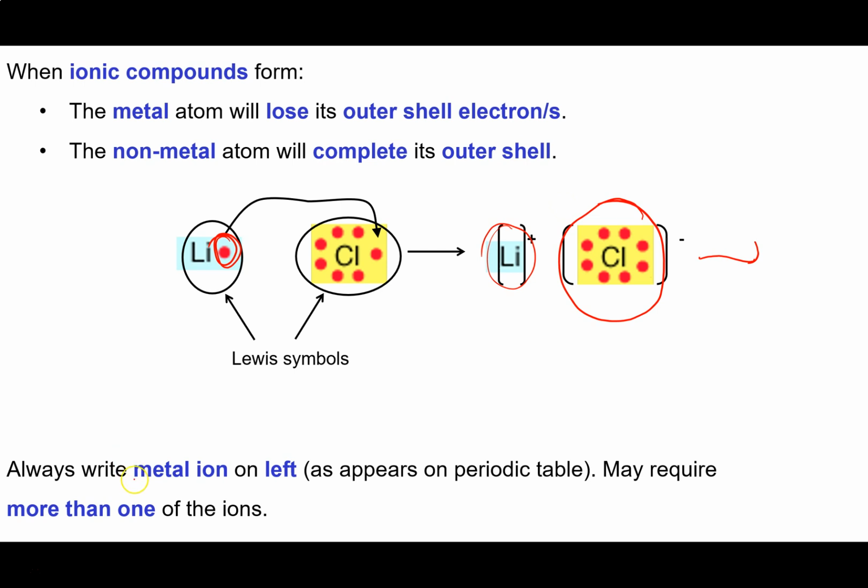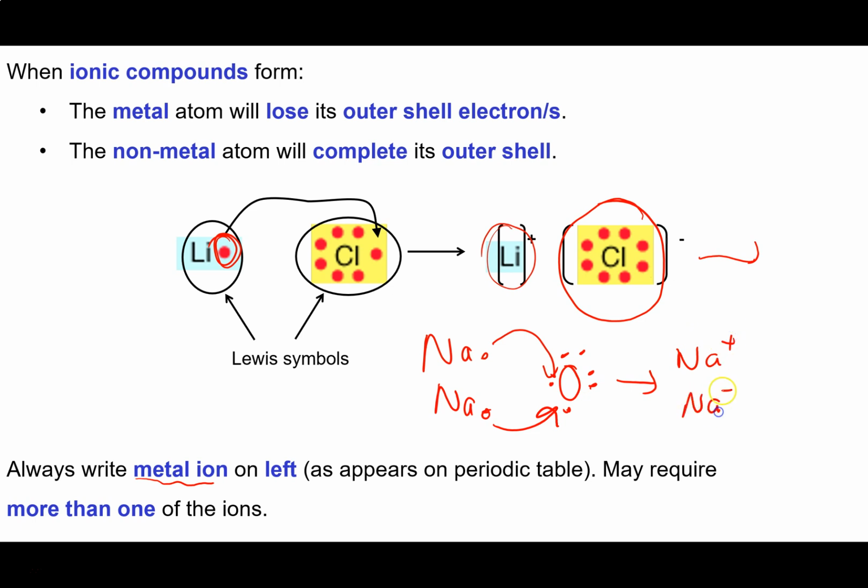By convention, we normally write the metal ion on the left as it appears in the periodic table, followed by the non-metal ion. Sometimes we have to do more than one atom in order to get the formula that we want. On Wednesday, I'll go through a bunch of examples of how these things are drawn, so don't worry about that too much right now.